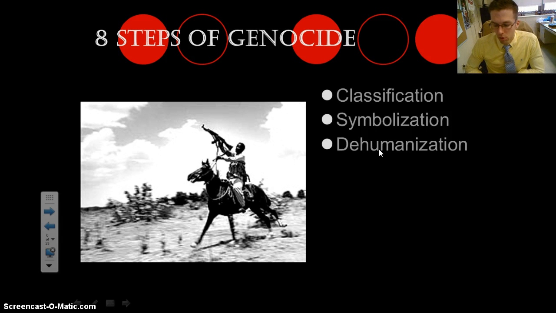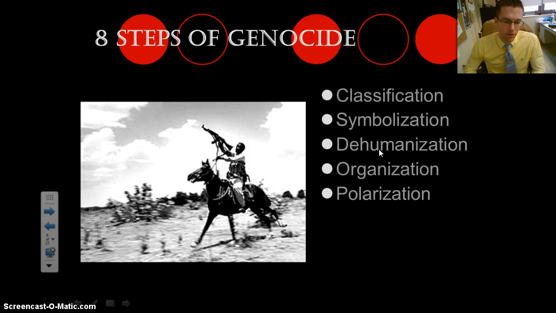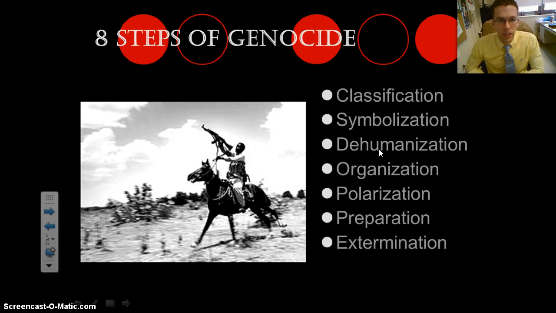Dehumanization, which is a very important cause, and this is where things kind of snowball or escalate. The organization, which is crucial. Polarization, preparation for the actual genocide, the extermination, and then what usually happens is denial, or say it didn't happen.